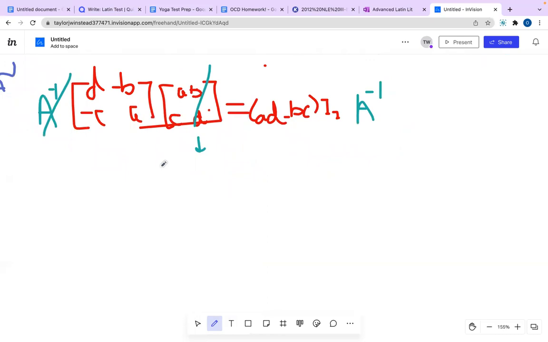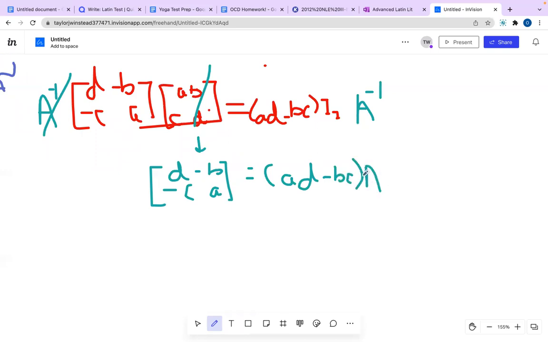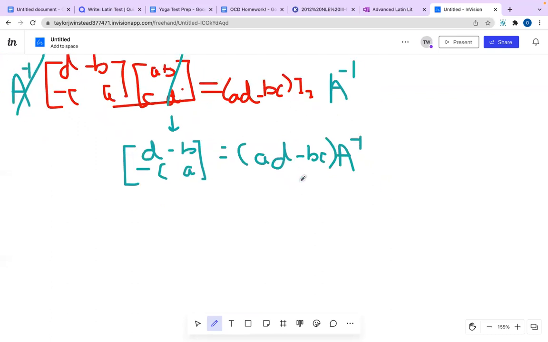And so what we'll be left with is D, negative B, negative C, A equals AD minus BC times inverse A.